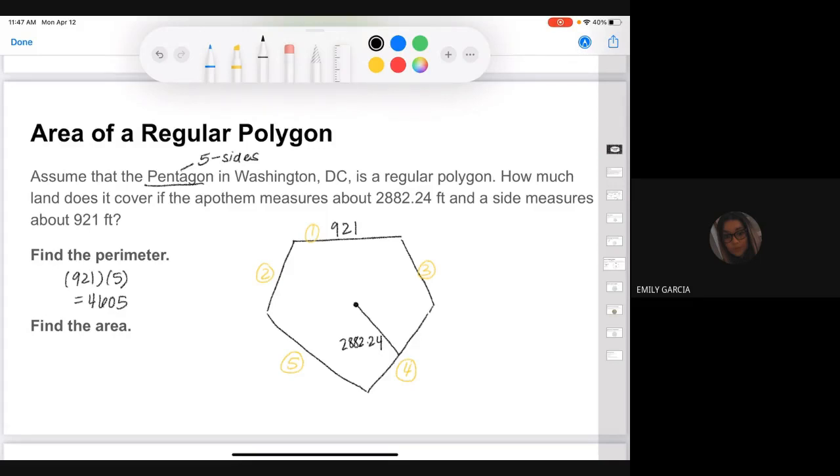Now, in order to find my area, I can use my equation. I have my A, and I have my perimeter now, so I can just plug that in. Plug that into my calculator, and I'm going to get a very large number.